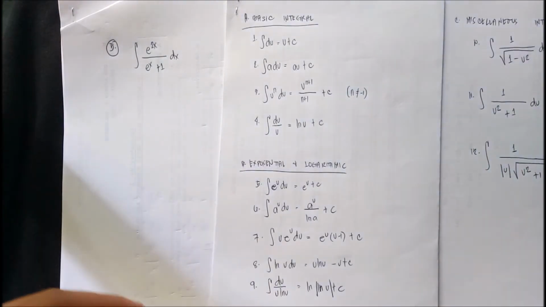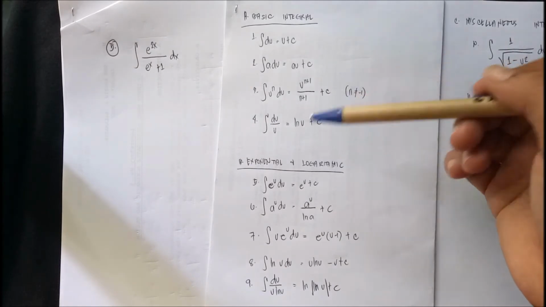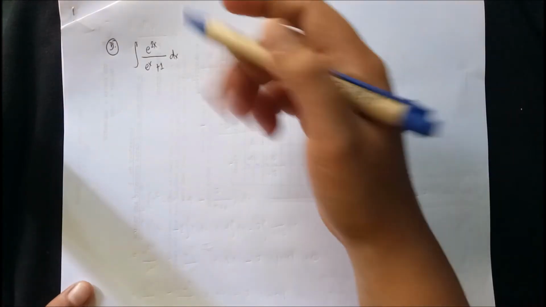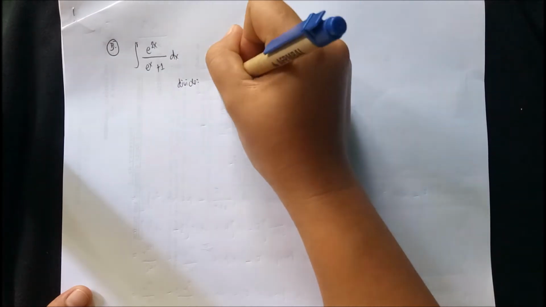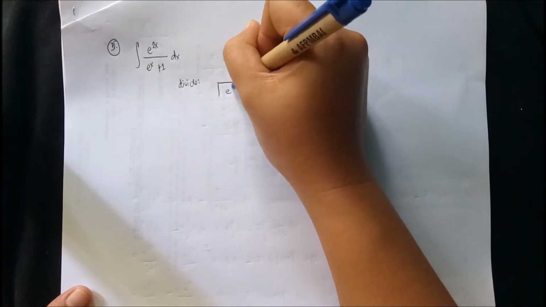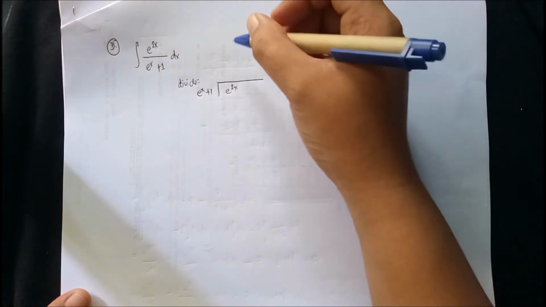So, kapag ka ganito class na fraction siya, tapos hindi siya mag-fit sa mga formulas natin, ang next mong iisipin class is, you try to divide. Okay? Same kanina, di-divide ulit natin siya. So, di-divide natin si e to the 2x kay e to the x plus 1. Okay? So, divide natin siya class.